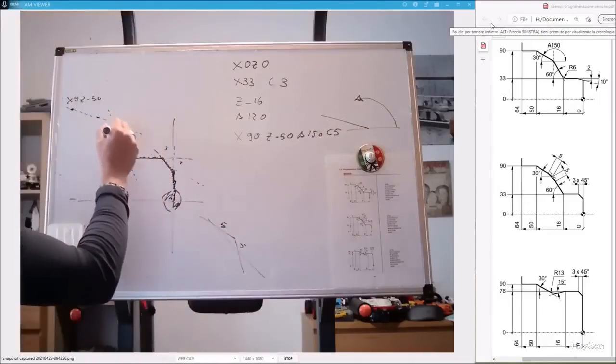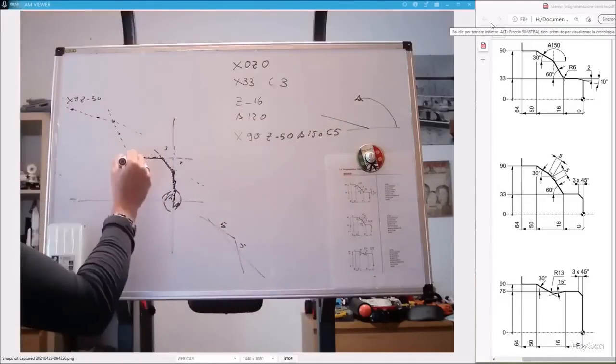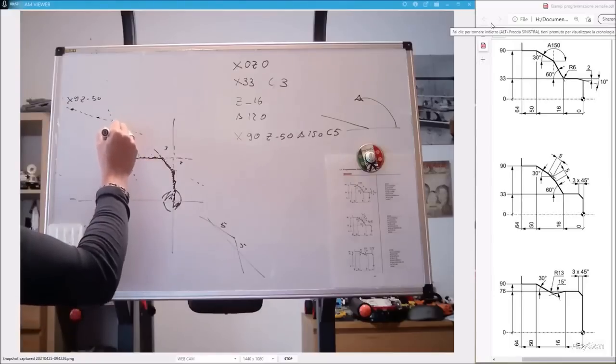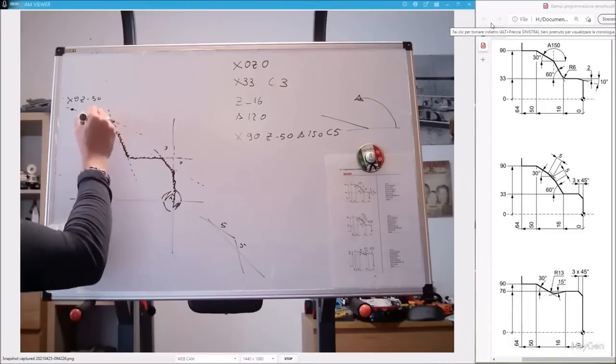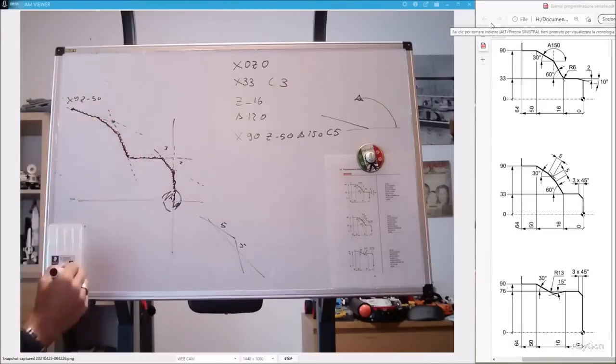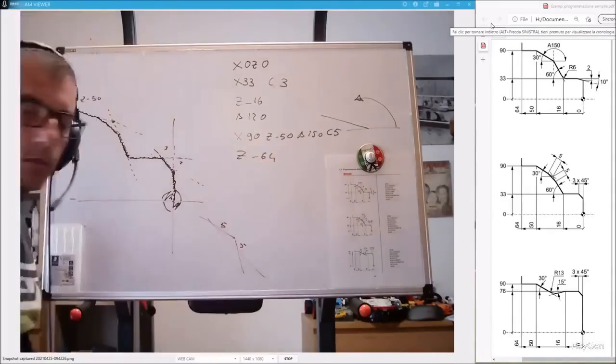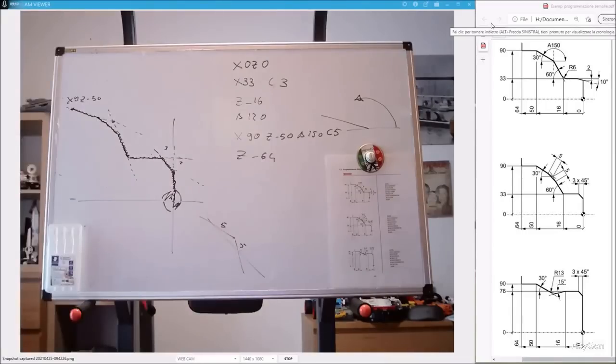It takes this trajectory and follows it. At this point, it stops 5 mm before the intersection of the line, makes a rapid trajectory 5 mm beyond the intersection and continues at 150 degrees. That is 30 degrees. At this point, I put my Z64, as you can see.